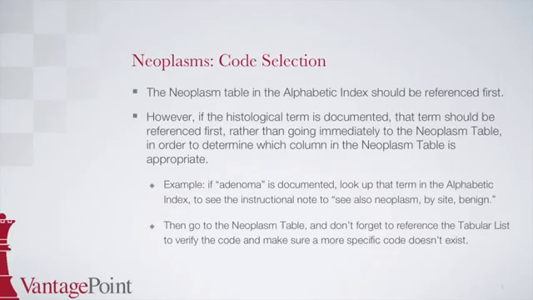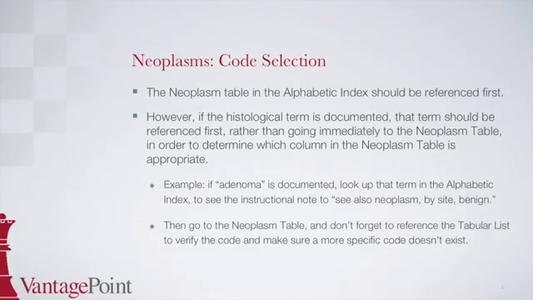For coding neoplasms, you are generally going to start with the neoplasm table. This is unless the histological term is documented, in which case you're going to look up this term in the alphabetic index. For example, if adenoma is documented, you would find that term in the alphabetic index. There is then an instructional note which states, see also neoplasm by site benign.